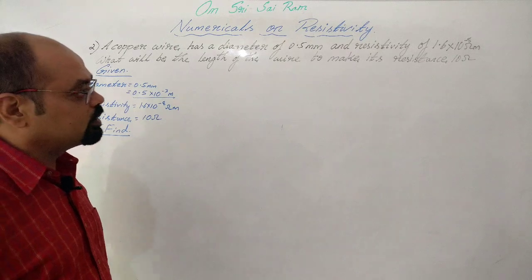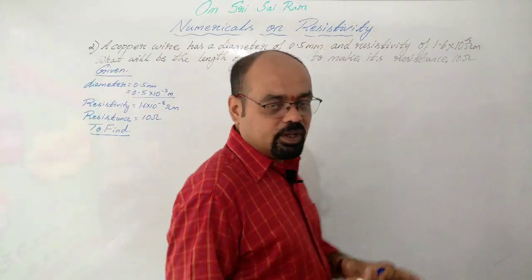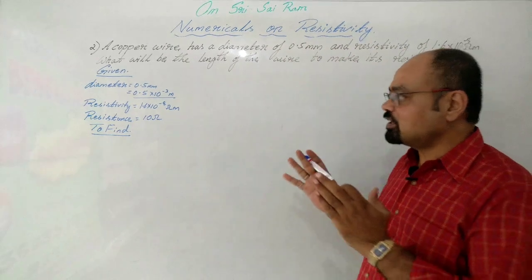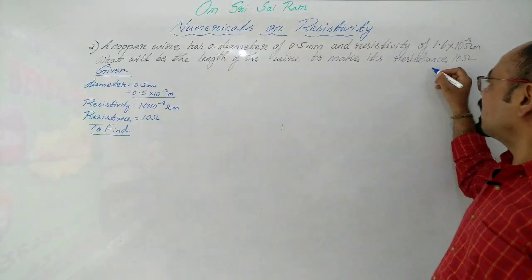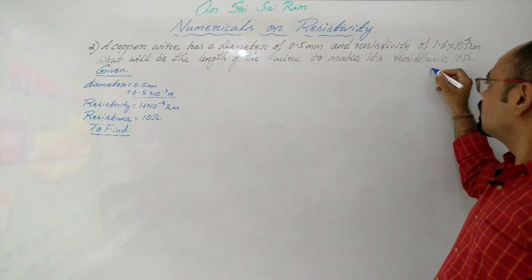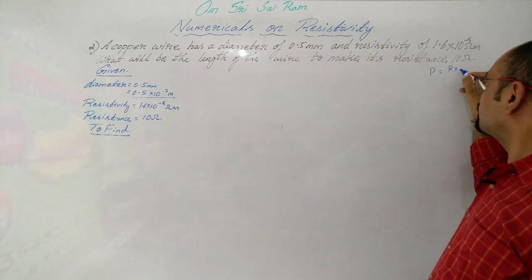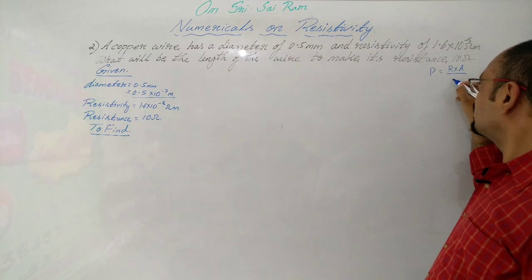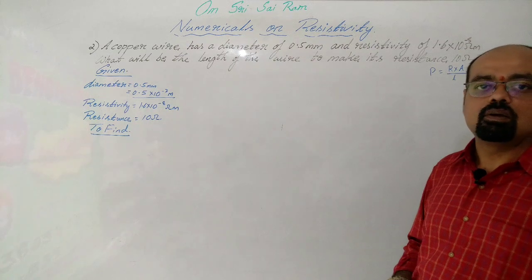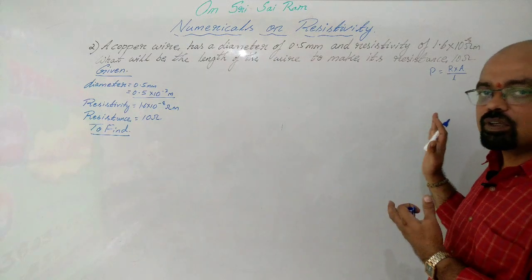Length of the wire. My dear students, we know the resistivity formula, let me write it in the rough here. Resistivity is equal to R into A by L. This is the formula we are using for resistivity.